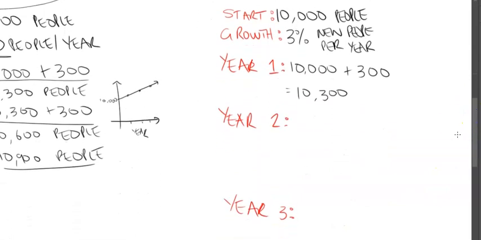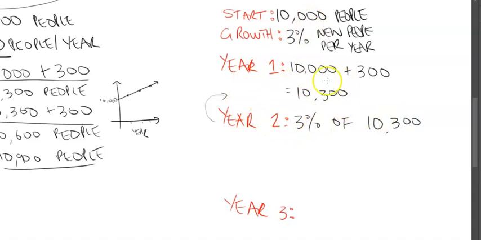But the growth rate, because it's still 3%, to get year 2, we have to figure out what 3% of the previous year will be. Because we're in year 2, we have to rely on the previous year, which is year 1, and find out 3% of 10,300. So we're not getting 3% of 10,000.